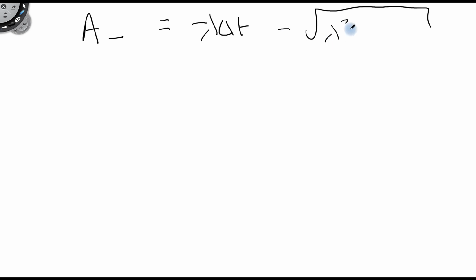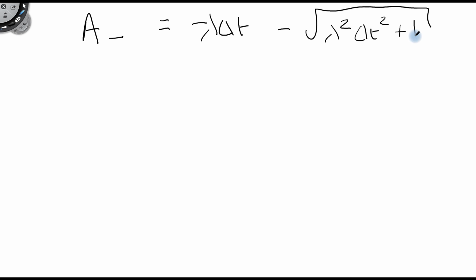So your negative root, a subscript minus, has different signs. It's minus lambda delta t minus the square root of lambda squared delta t squared plus 1.